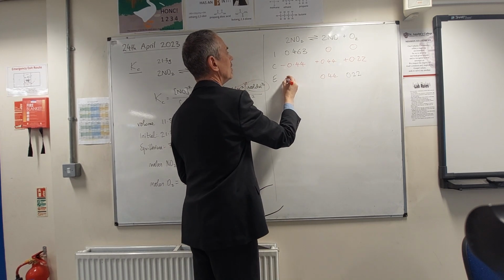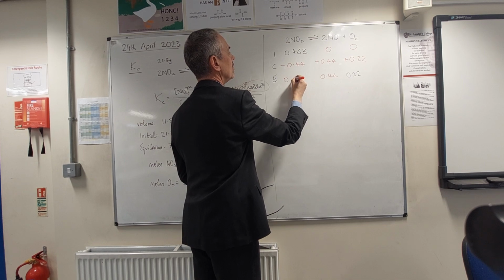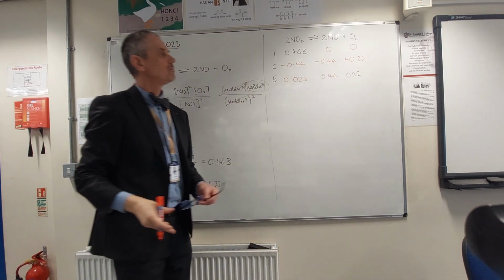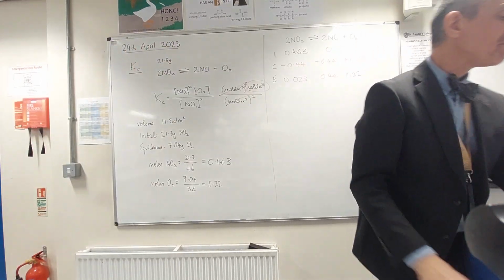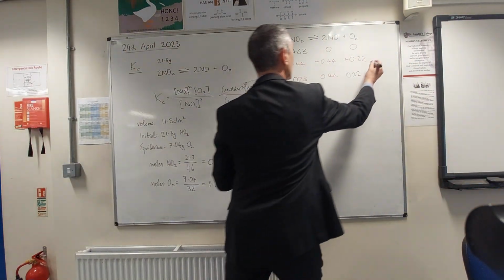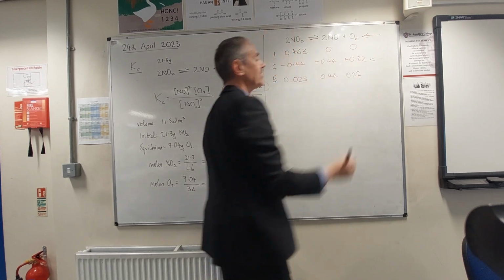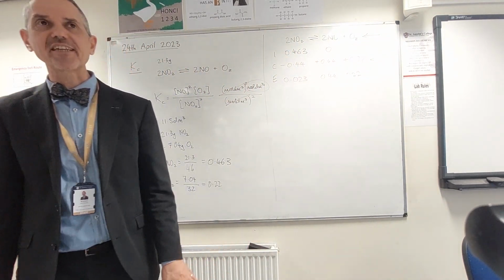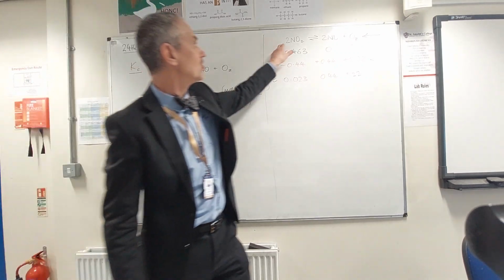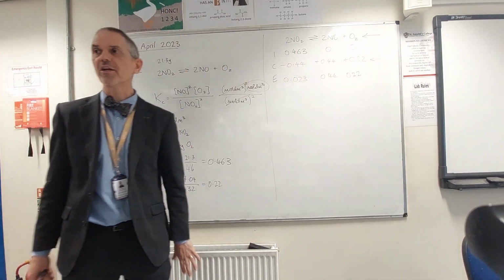And then the equilibrium for NO2 is 0.023. Remember the all-important change line is in the same ratios as the balancing numbers, ignoring pluses and minuses: 2 to 2 to 1.